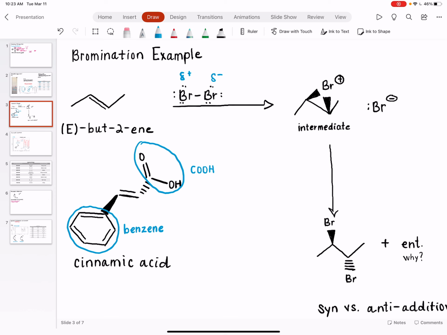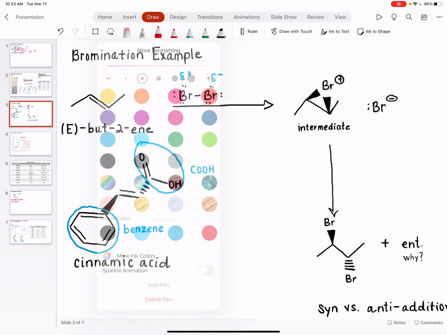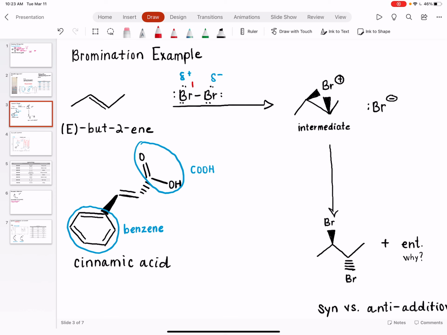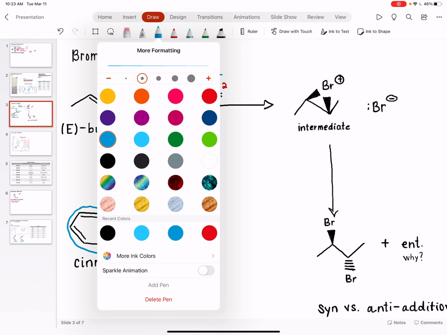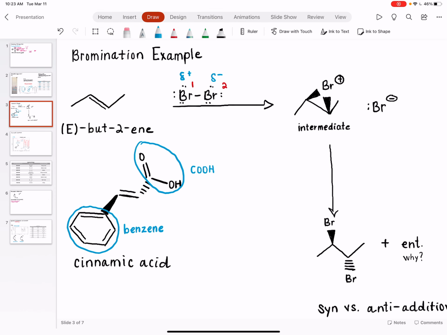So for simplicity, I'm just going to label this as bromine 1, and this is bromine 2. So now that we have our electrophile, our alkene serves as our nucleophile. So our alkene is going to go out and grab that bromine, and that will kick up electrons onto bromine 2.